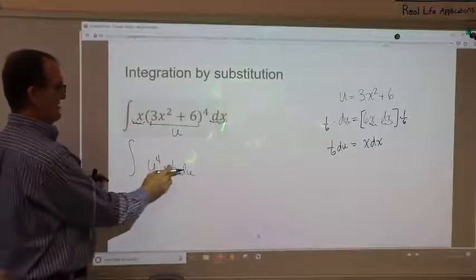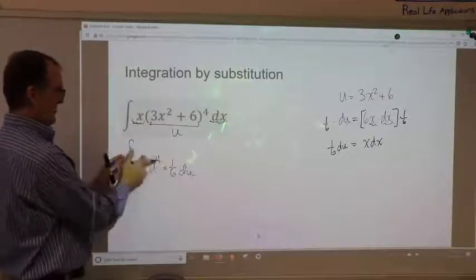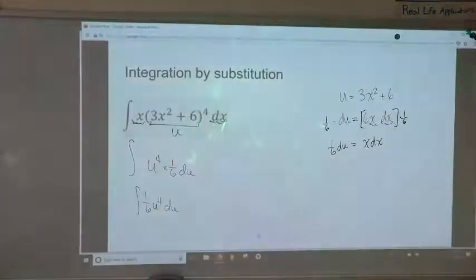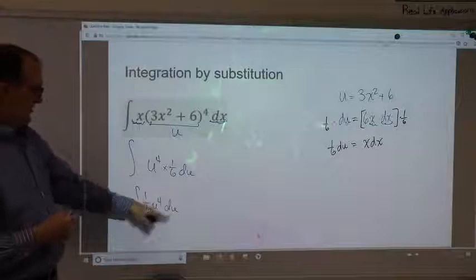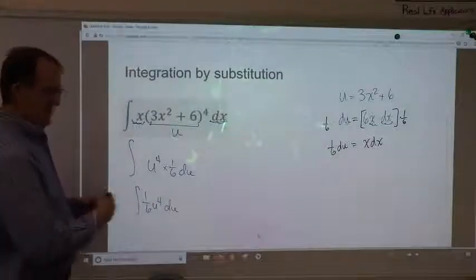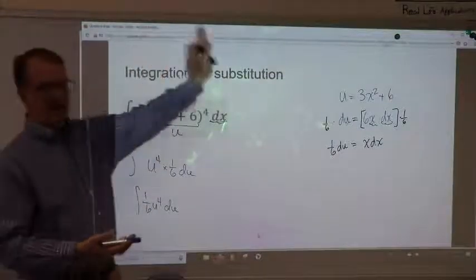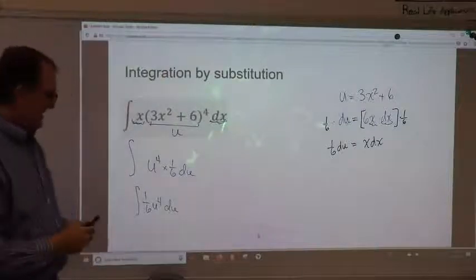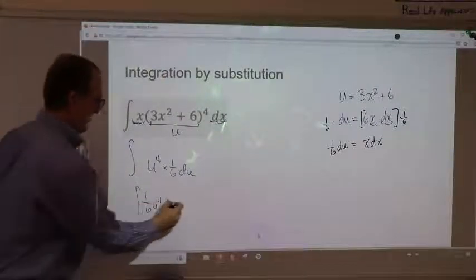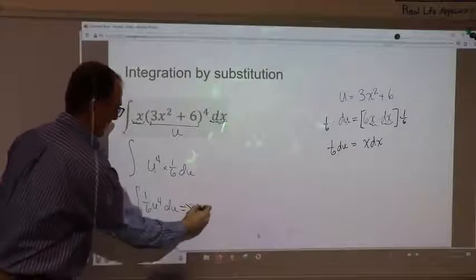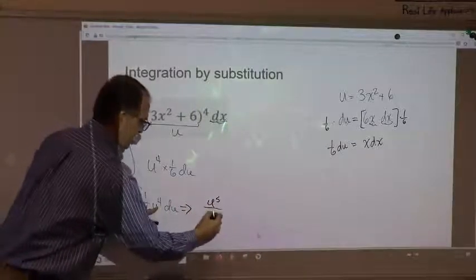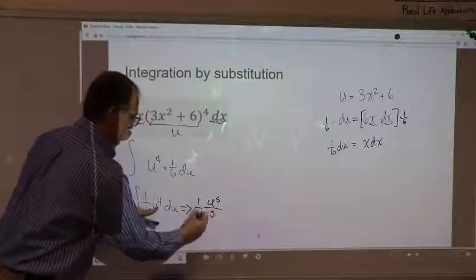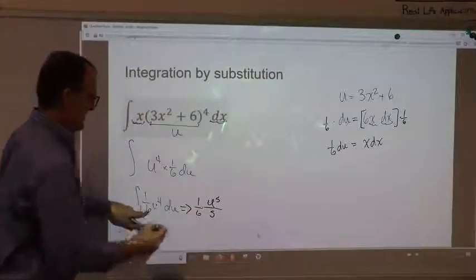But this 1/6 is just like a number that I could have written here. So I have 1/6 u to the 4th du, and now I'm just like those first set of questions that I said to integrate. This becomes add 1 to 4, u to the 5th, divide by 5, multiplied by 1/6.